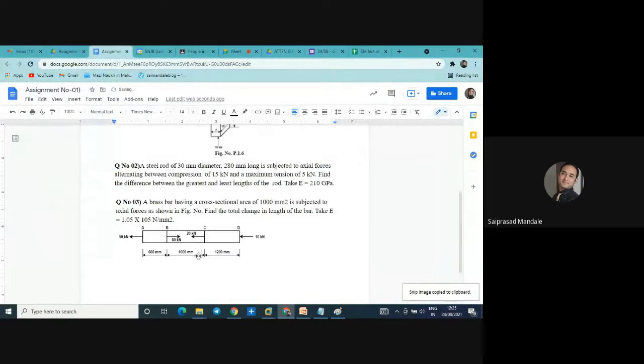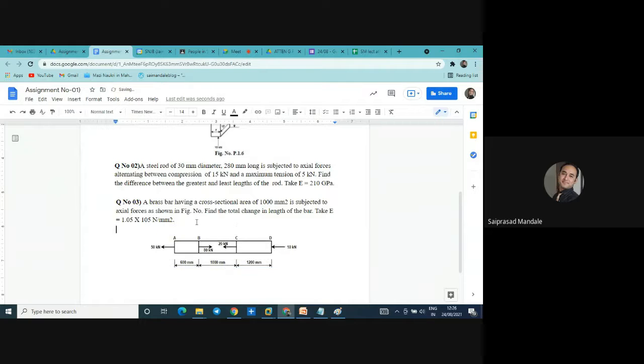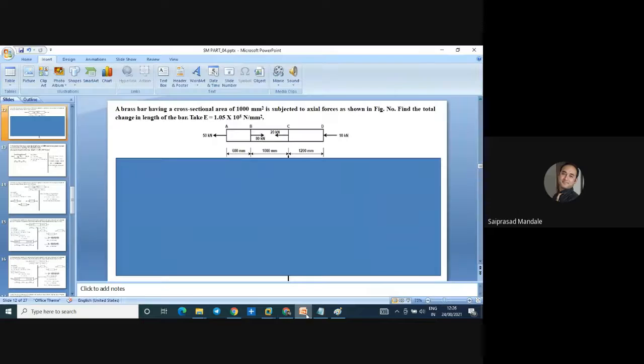Everybody has to work on this. A total of 3 numericals as a part of the assignment. The assignment has been modified in your classroom. Go ahead and solve this.